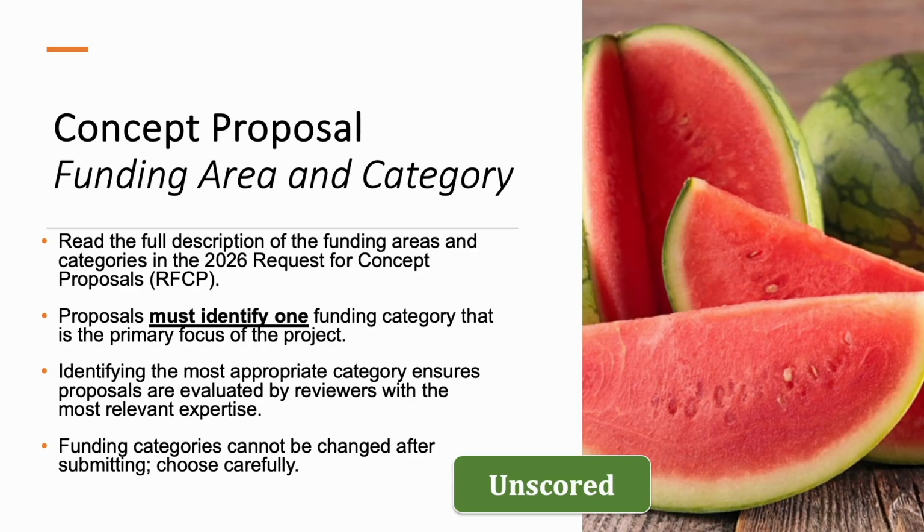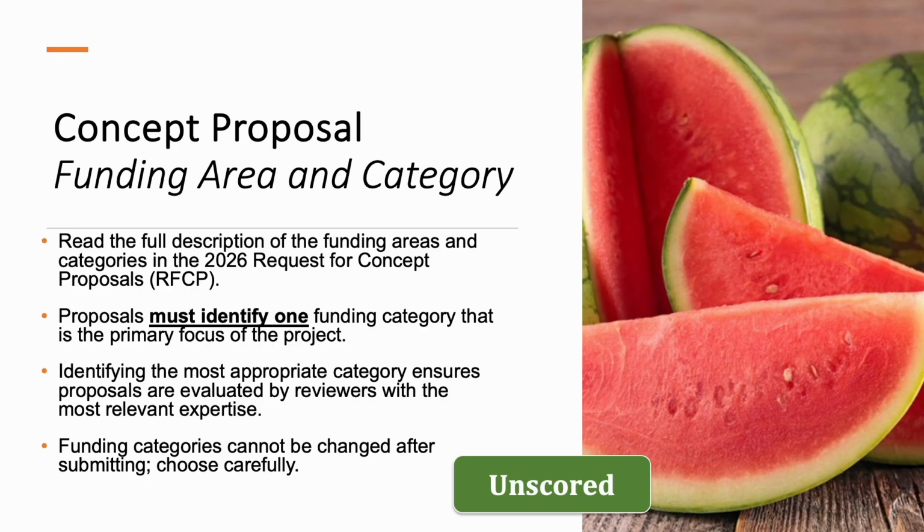Next, applicants will select a funding area and funding category. Please read the full description of the funding areas and categories in the Request for Concept Proposals, or RFCP. Then select the most appropriate funding area and category for your project from the drop-down menu. We understand that the project might seem to address elements from multiple funding categories. However, you must select one funding category that most closely aligns with the primary focus of your project.